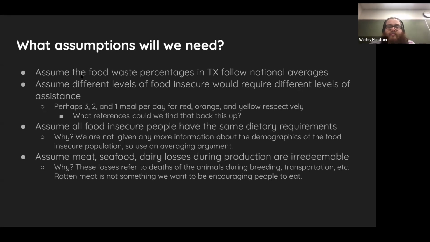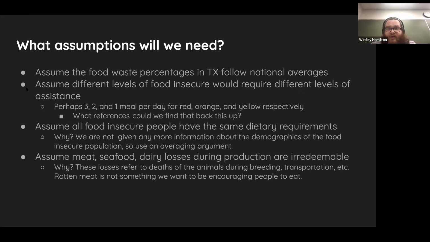Well, maybe the amount of food that's wasted in Texas, or the proportion of food that's wasted in Texas, is on par with every other state or the national average. Okay, so there's nothing special about Texas. We just have the data for Texas, so that's going to be our case study. But presumably, the stuff that we reason about Texas, we can easily translate to any other state. Okay, and so that would be one assumption we can make.